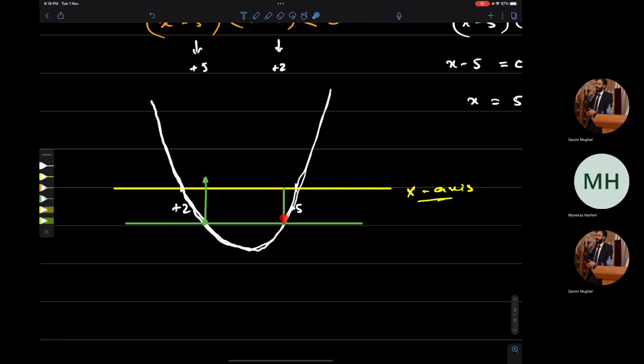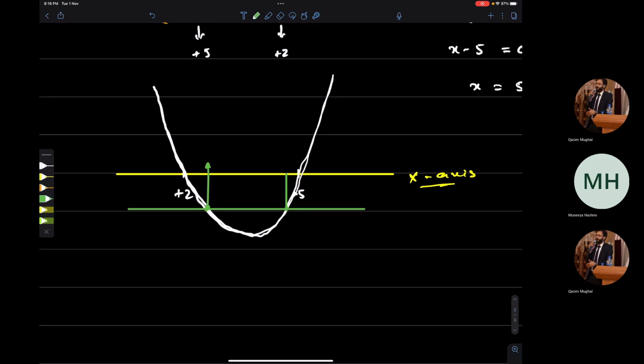Yes. And also this one, it's closer to positive 5, but whatever it is, it is less than positive 5. So one of the solutions here is greater than positive 2, and the other one is less than positive 5.